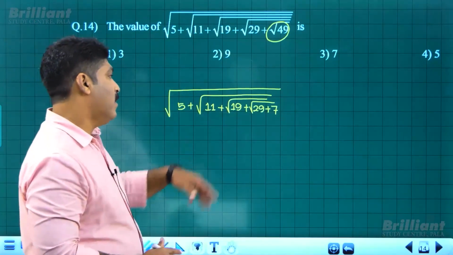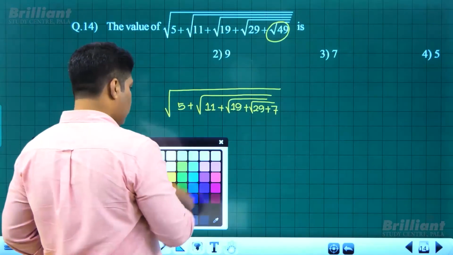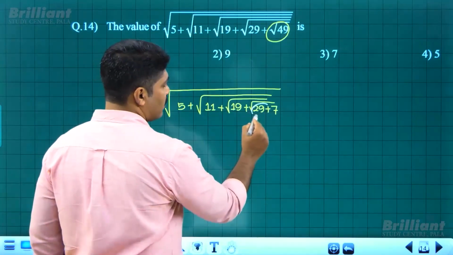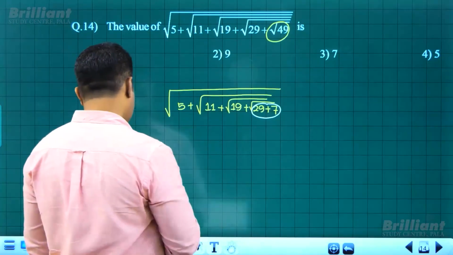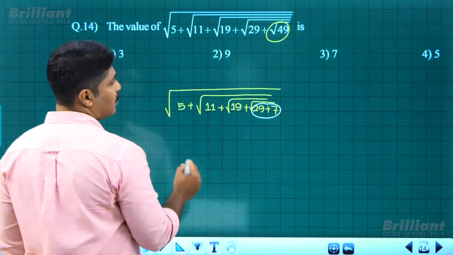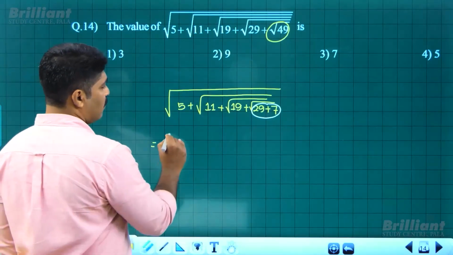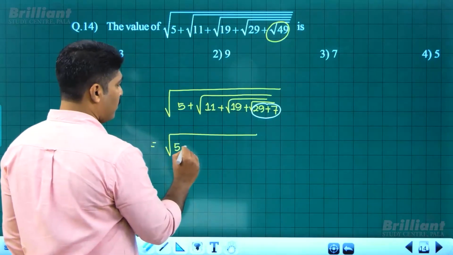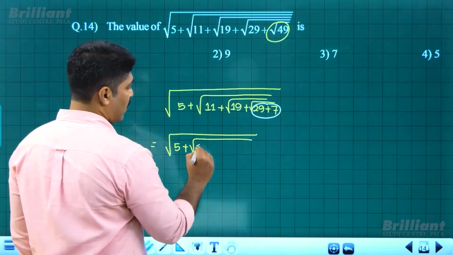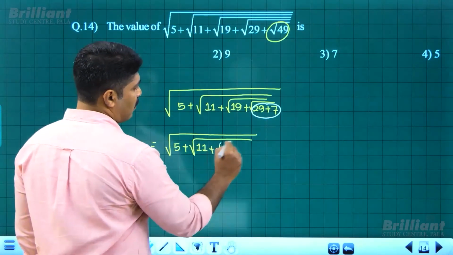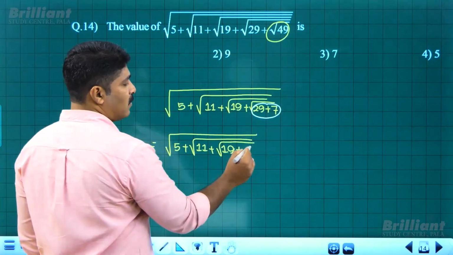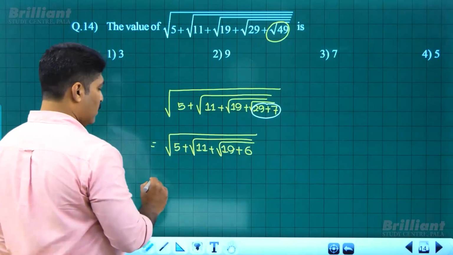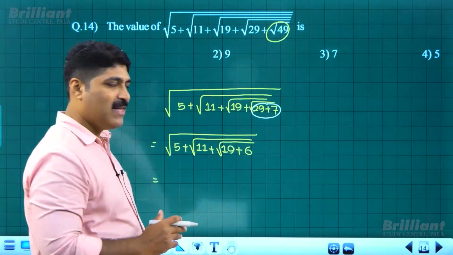So 29 plus 7, what is this value? That is 36. So the next step will be root of 5 plus root of 11 plus root of 19 plus root of 36. What is its root? That is 6.